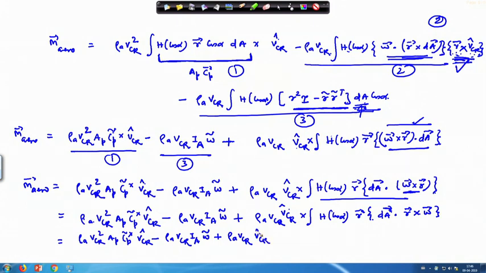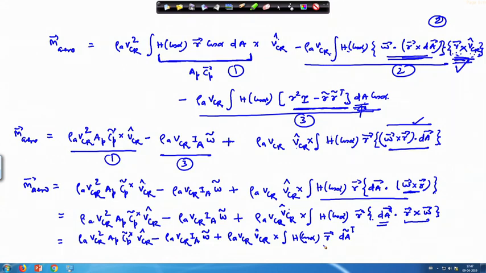V_CR cap, h cos alpha, this is r, and this quantity we can then write as dA tilde transpose.